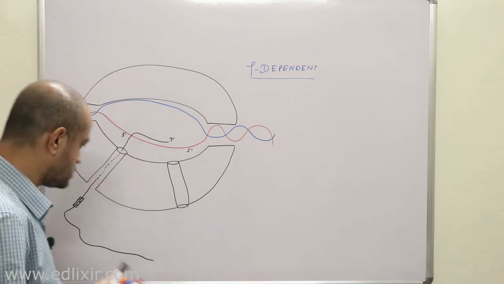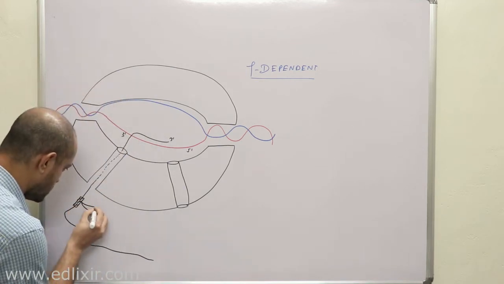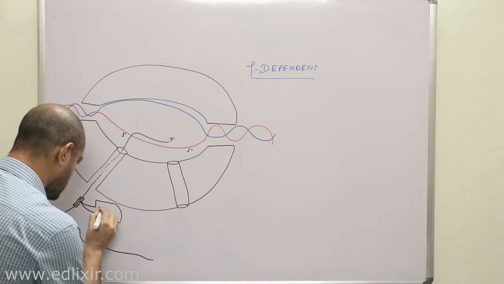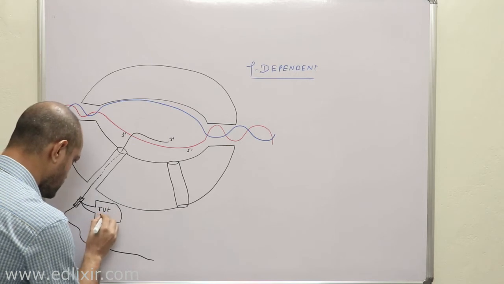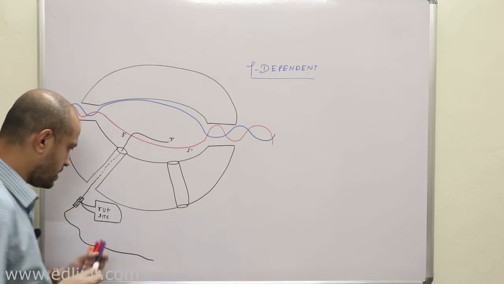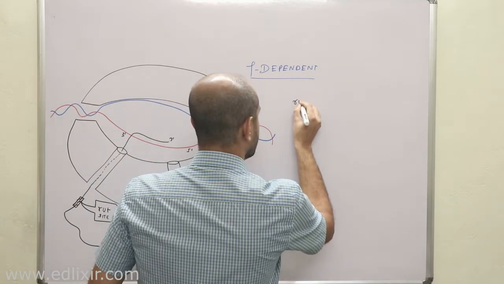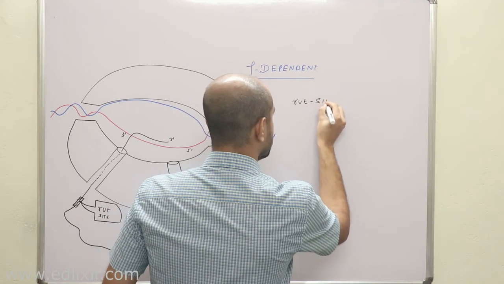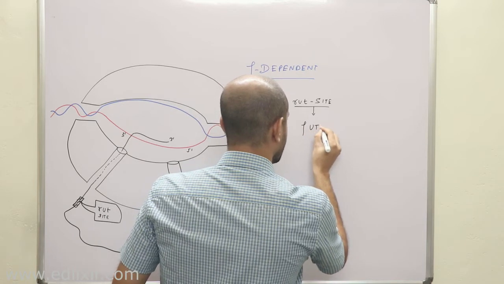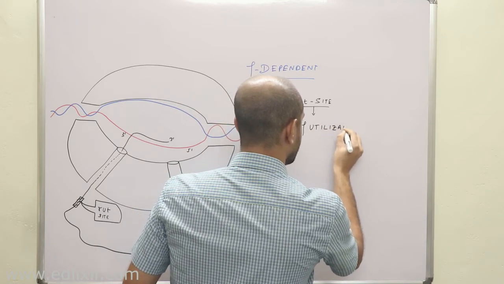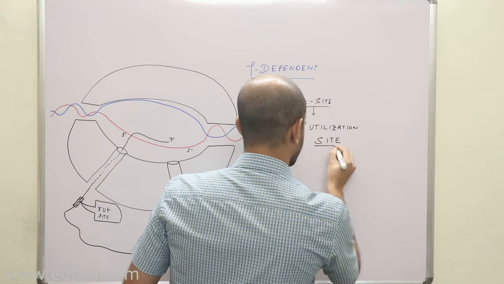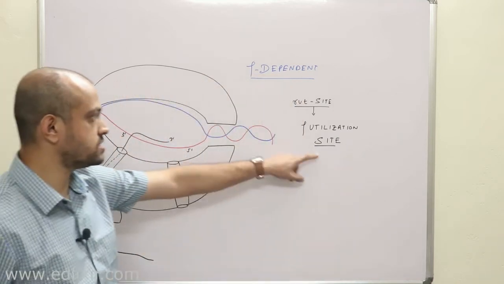This site is called the Rut site, or rho utilization site. Clear?